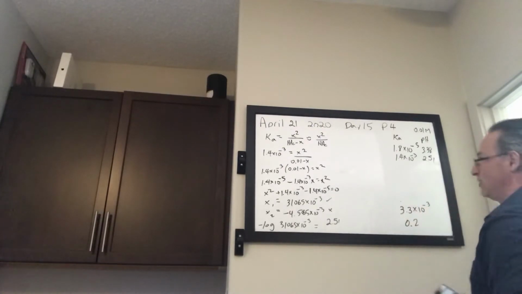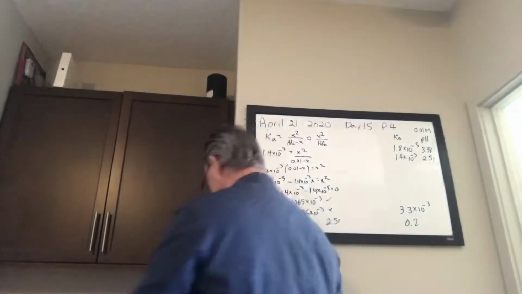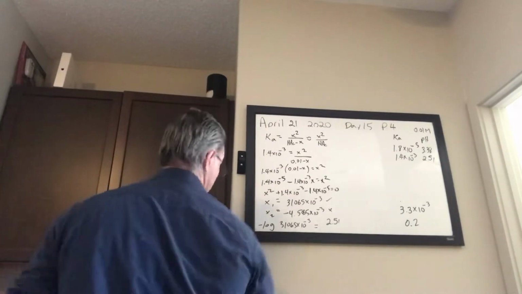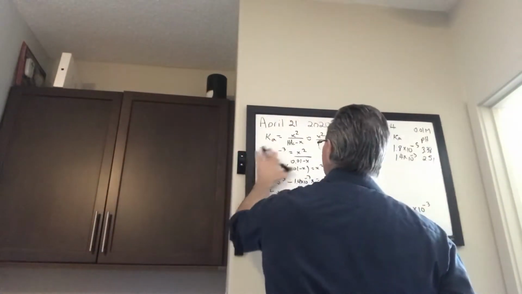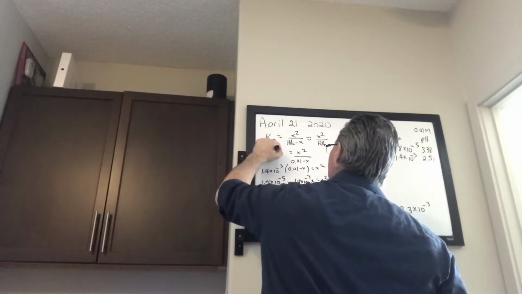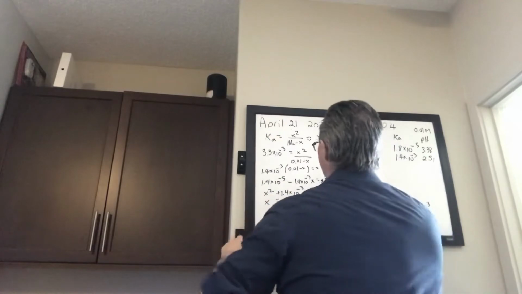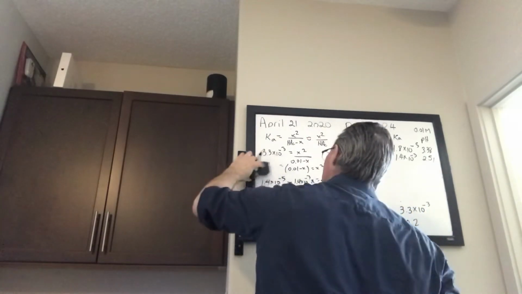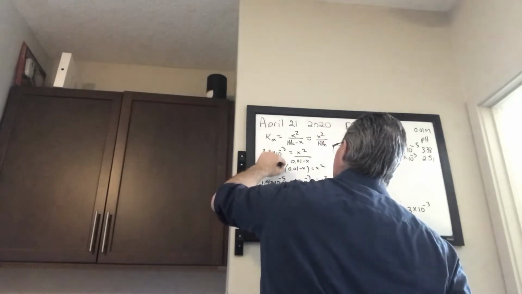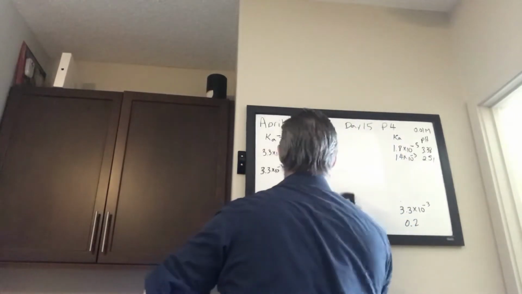Next one is if we use dichloroacetic acid. With dichloro, the Ka value becomes 3.3 times 10 to the negative 3. This becomes also 3.3 times 10 to the negative 3, and everything after that changes.